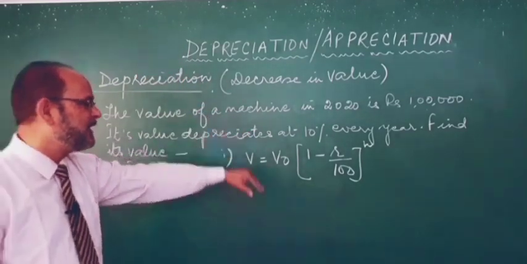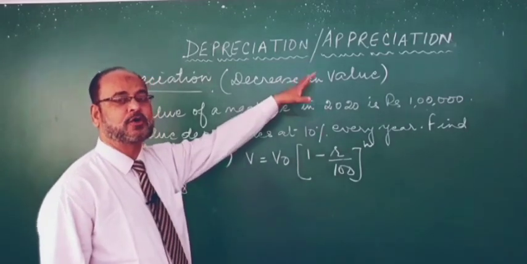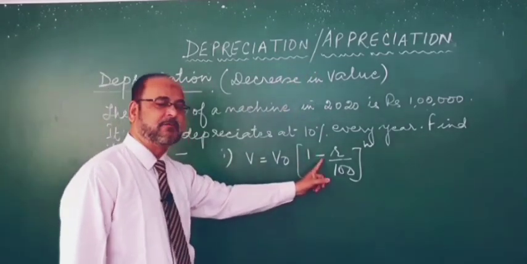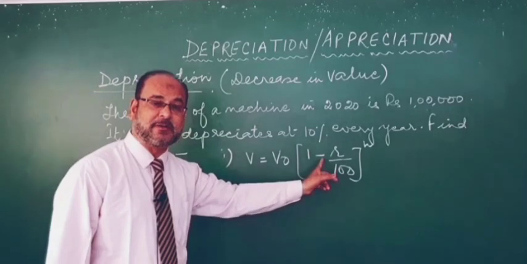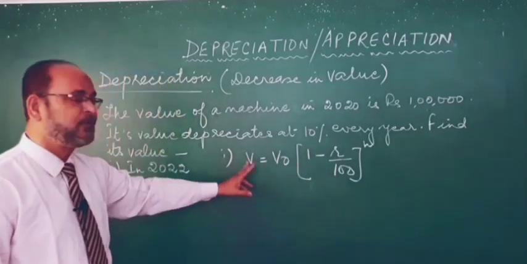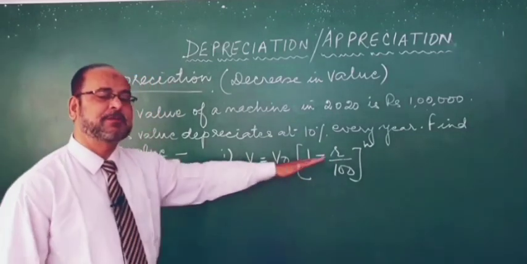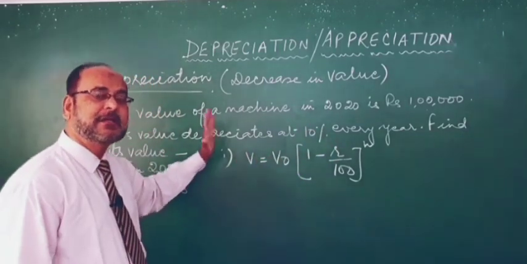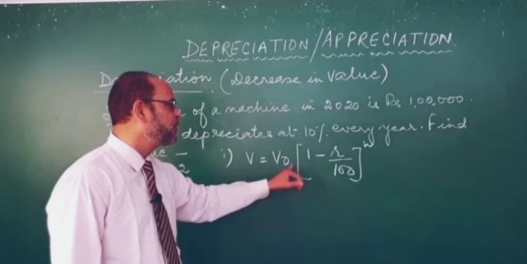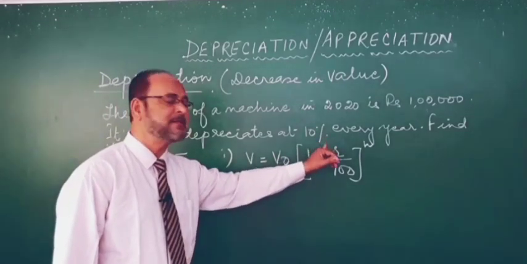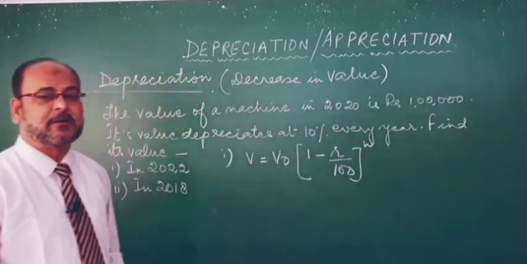The only difference is that for growth, the formula is written with a plus sign, 1 plus R upon 100 to the power n, and for depreciation, it is written with a negative sign. So since it is a case of depreciation, we will write V equals V0 (1 minus R upon 100) to the power n.